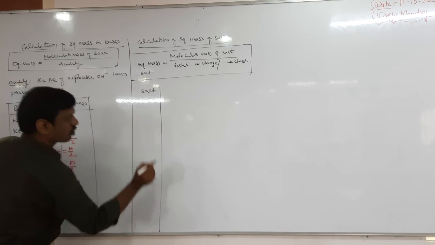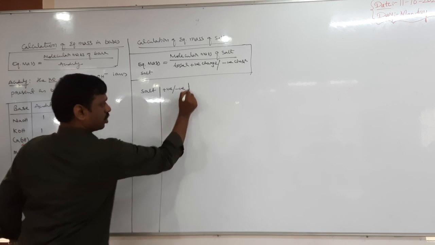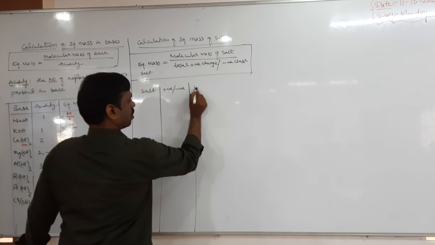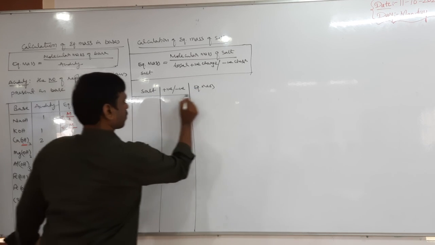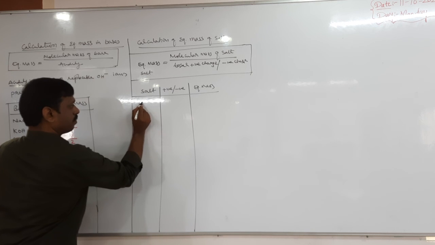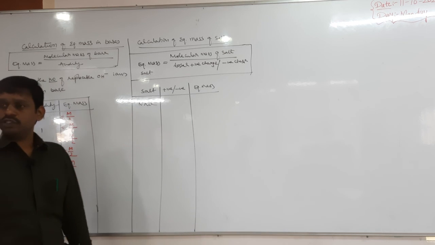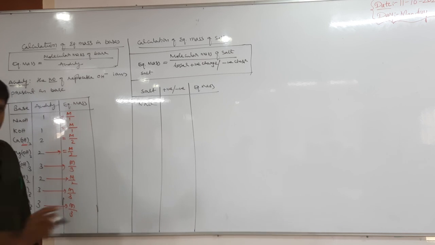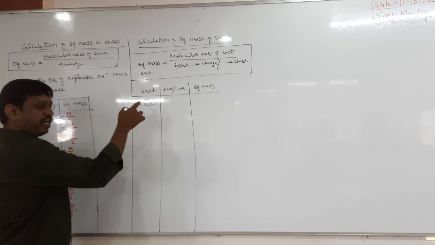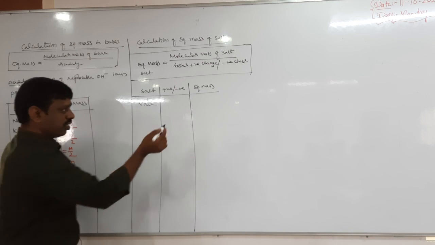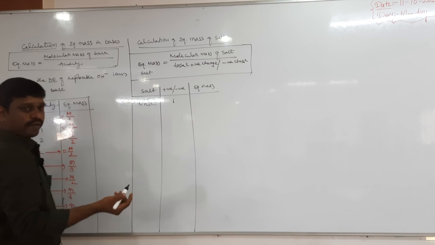Okay, let us take examples. Tell me, NaCl. In NaCl, what is the positive or negative charge? Take any one. Na is plus 1, so Cl should be minus 1. Therefore total positive charge is 1, or total negative also 1.